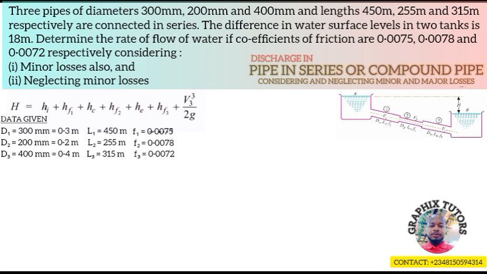Now for A1, the area in pipe 1, we'll have pi d1 squared all over 4.